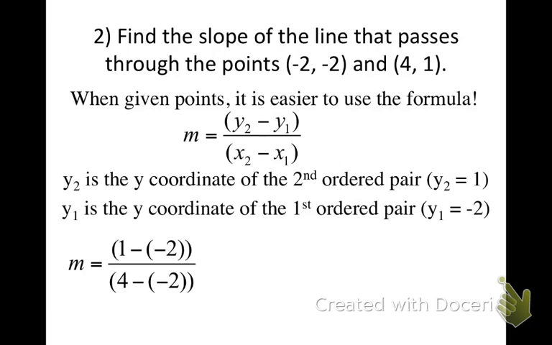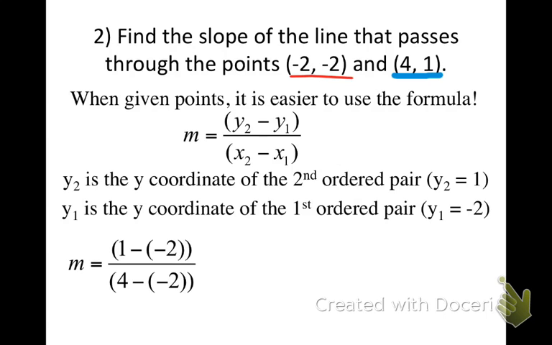Now, I'm going to color code these so it makes it easier for you. So, let's take a look. I'm going to color code the first ordered pair in red and the second ordered pair in blue. Let's make sure that our x's and y's line up.